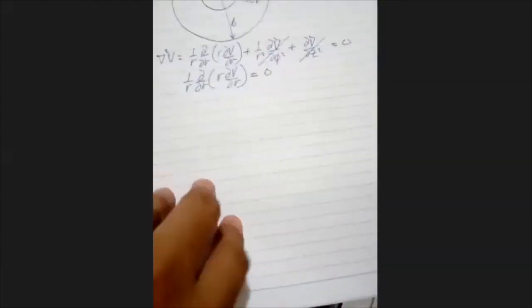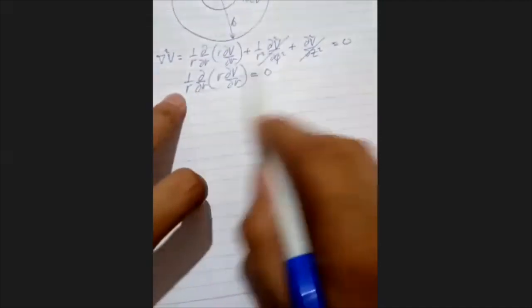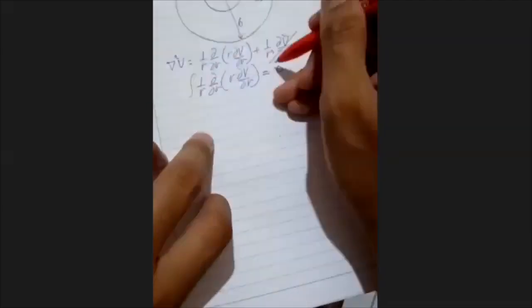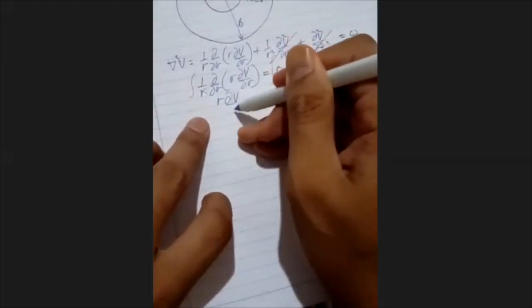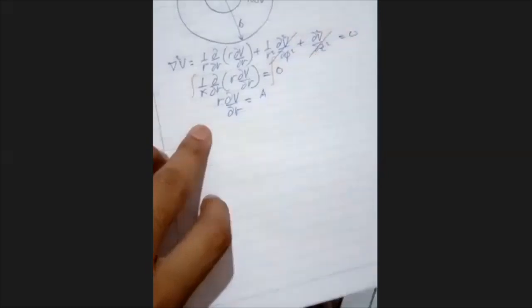So now let's do integration for both sides. Before that, let's multiply by r to decide what happened. The r times 0 got 0, so the r is gone. So let's do the first integration. You're going to have r dV over dr equal to A, isn't it?